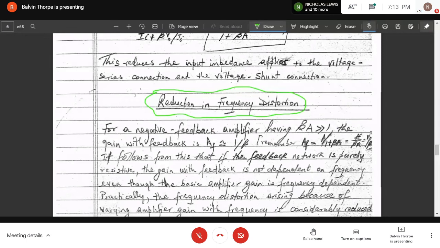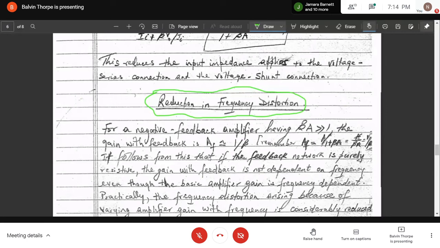So networks that have frequency dependent components as part of their feedback network will increase frequency distortion, because frequency is going to be developed across those components and negatively impact the performance of the network.